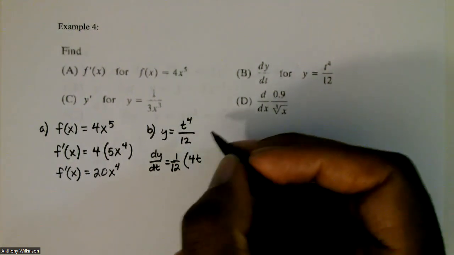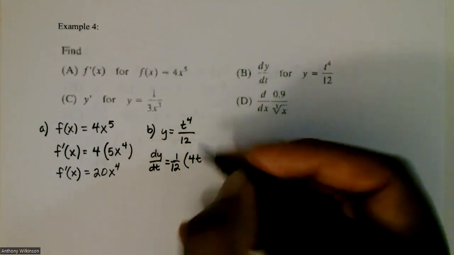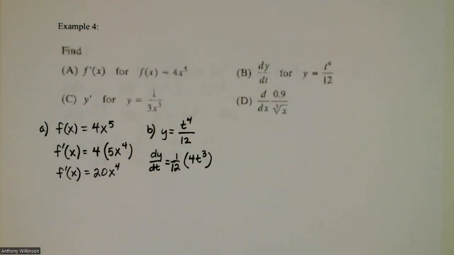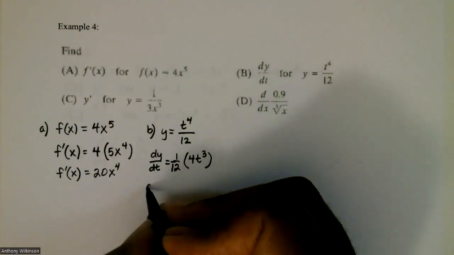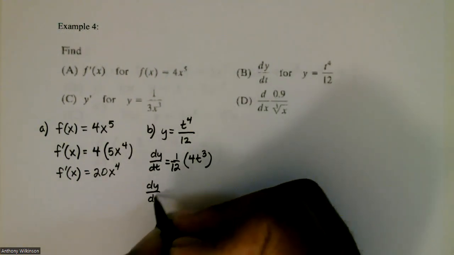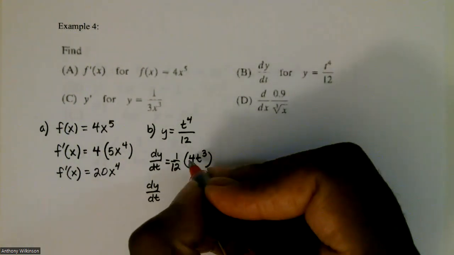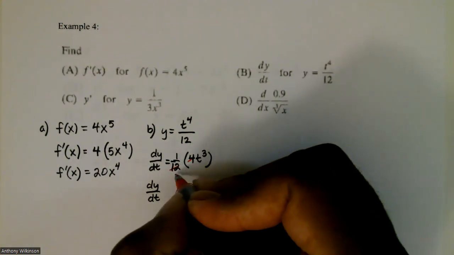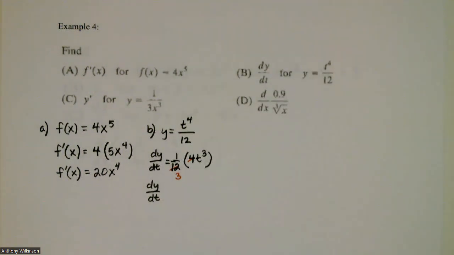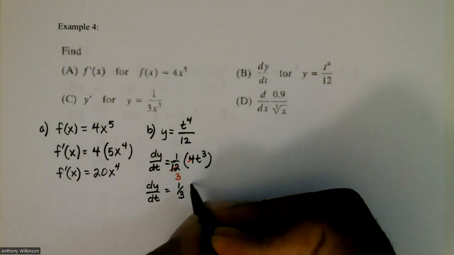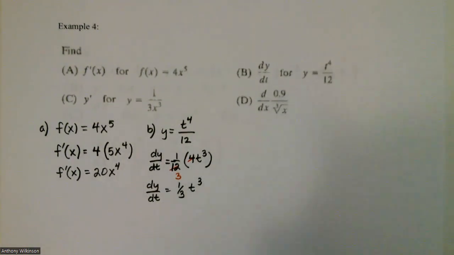And then the t to the 4 minus 1, which is 3. So I got 1/12 times 4t to the 3rd. And if I simplify 1/12 times 4 over 1, 4 goes into 12 3 times. So I'm left with 1/3. So it'd be 1/3 t to the 3rd power.